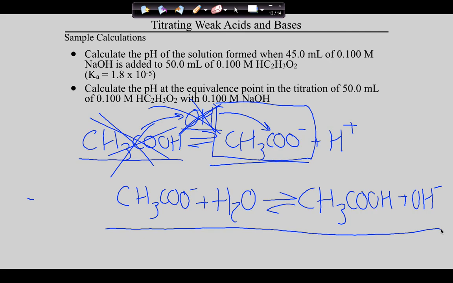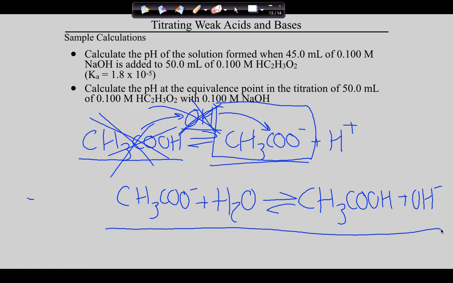Let's ask it generically. How much acetate ion will we have at equivalence? What's the answer? How much acetic acid did you start with? Does that make sense? Now, how do we know how much acetic acid we started with?